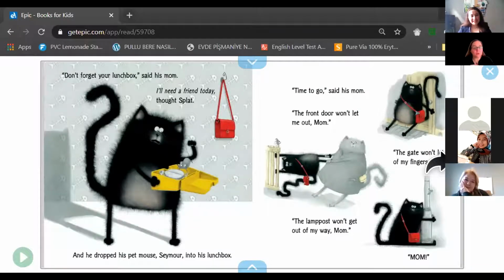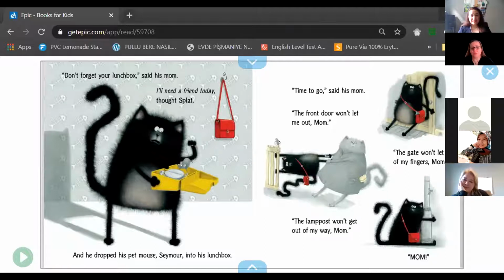Don't forget your lunchbox, said his mum. I'll need a friend today, thought Splat. And he dropped his pet mouse Seymour into his lunchbox. Time to go, said his mum. The front door won't let me out, Mum.